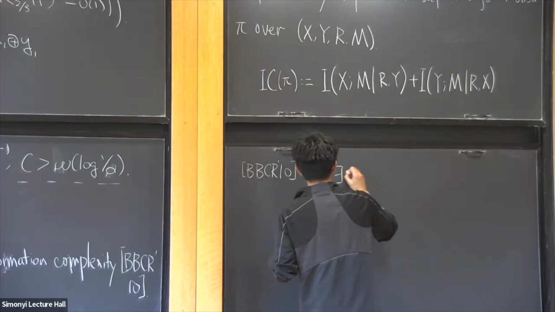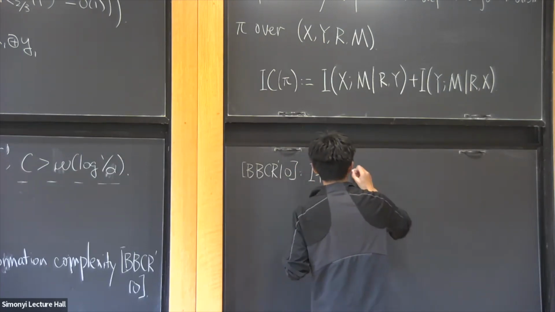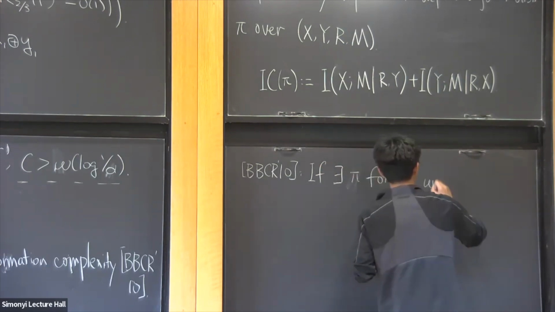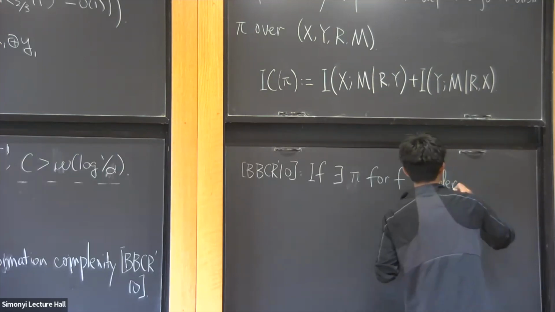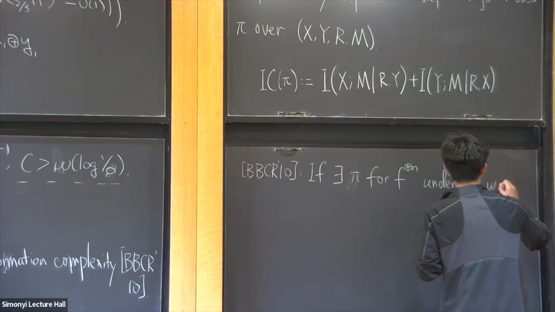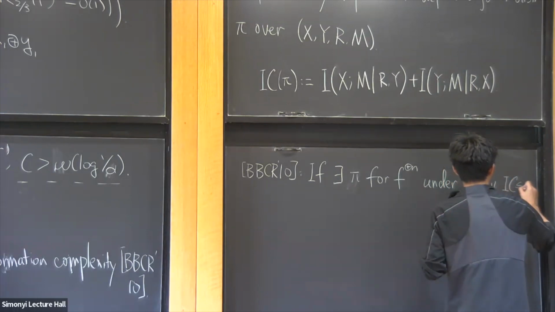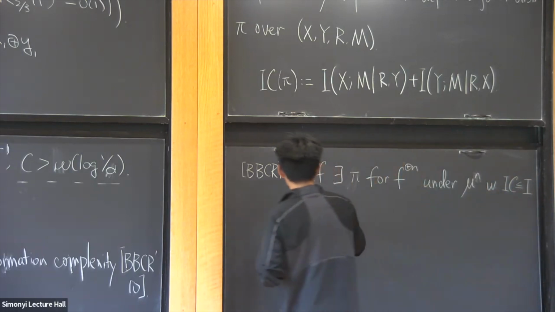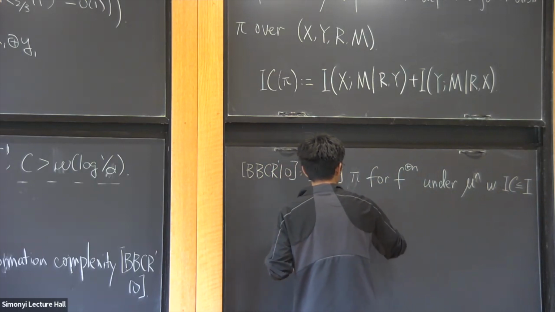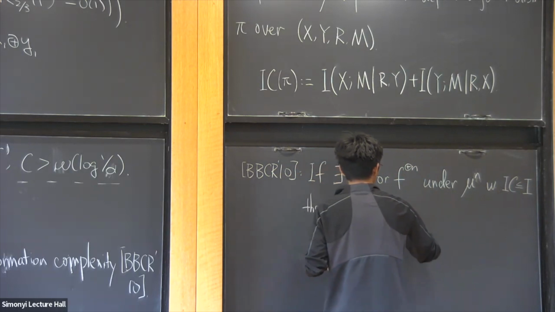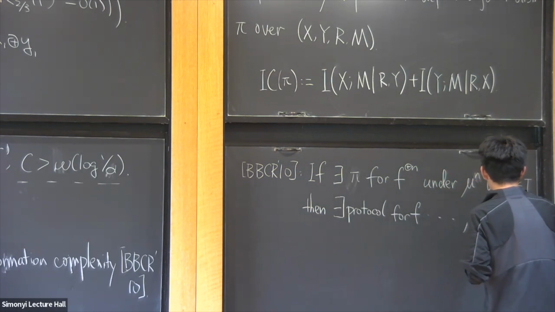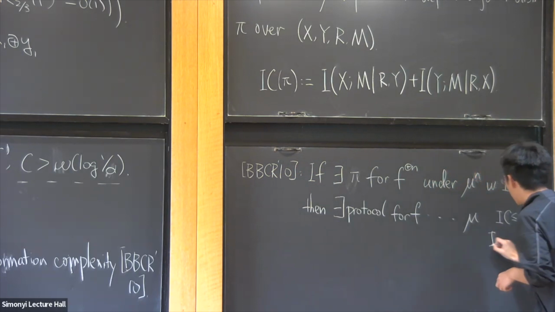If there exists a protocol pi for f to the n, under the product distribution mu to the n, with information cost at most I, then there's another protocol for f under mu with cost at most I over n plus O of 1.